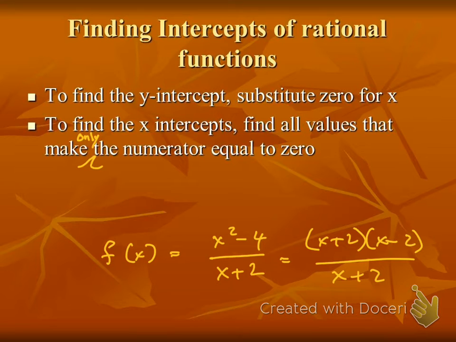Where is its x-intercept? The x-intercept is at 2, 0. 2 is the only value that makes only the numerator equal to 0. We can't use negative 2. There's a hole at negative 2. So x-intercepts are values that make only the numerator equal to 0. It's pretty easy to find that. Now, as you can see in these little examples, what skill are we going to be using a lot when we're dealing with rational functions?